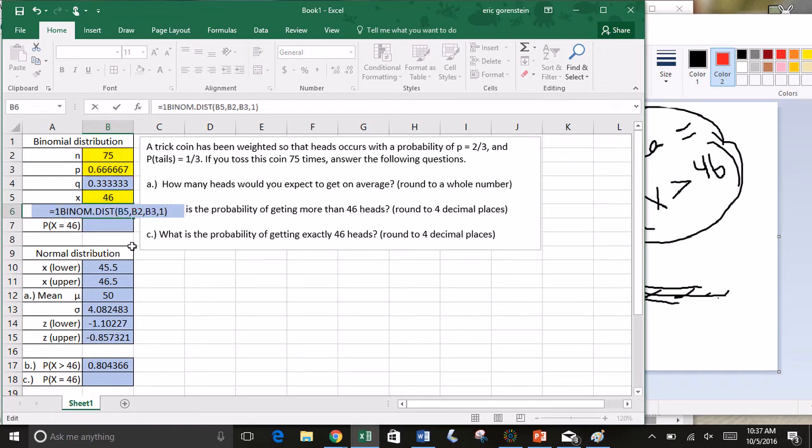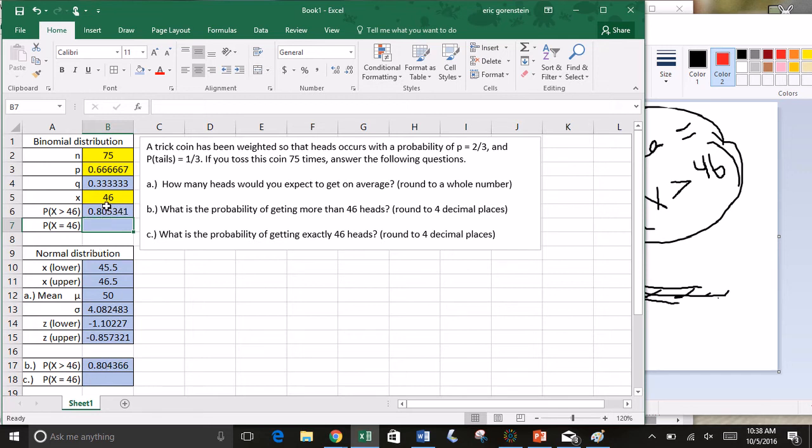I'll do 1 minus the probability x is anywhere from 0 to 46. So the complement, which is what we want, will be x equals 47 or 48 or 49 up till 75. And we get something very, very close, within 1/1000th of the value of our estimate.